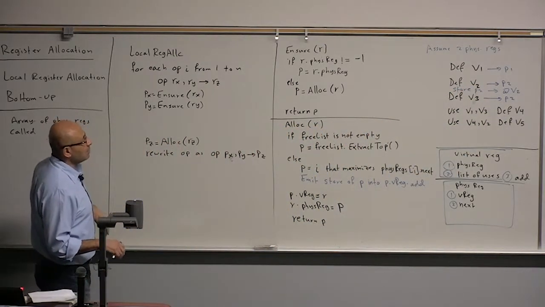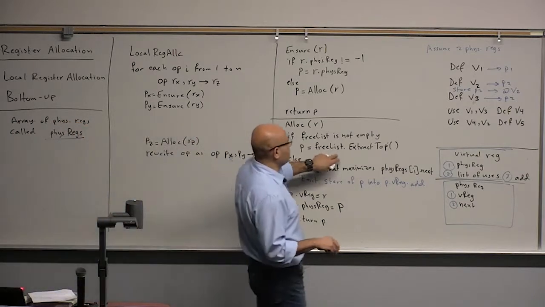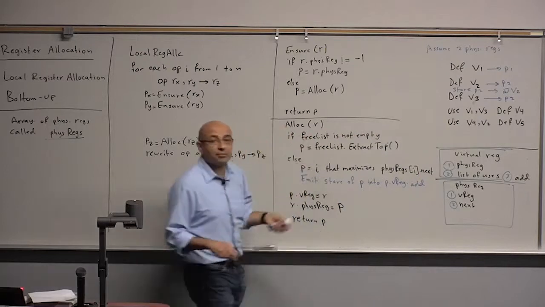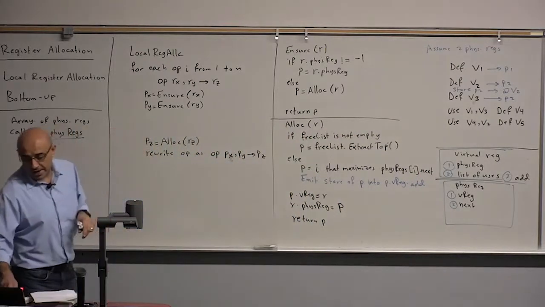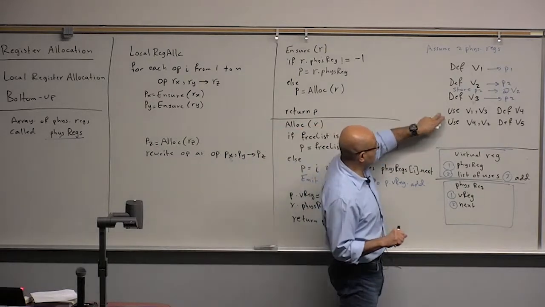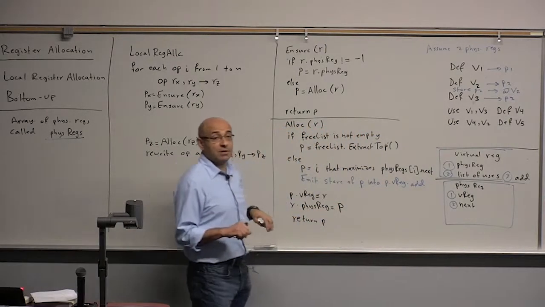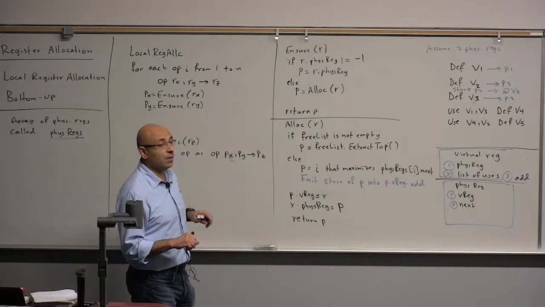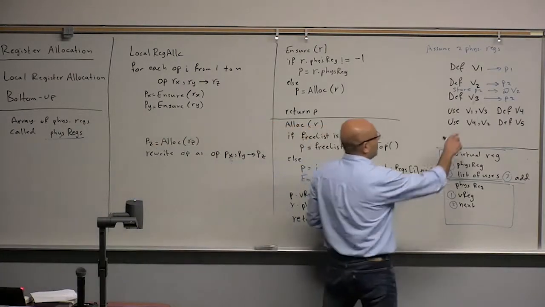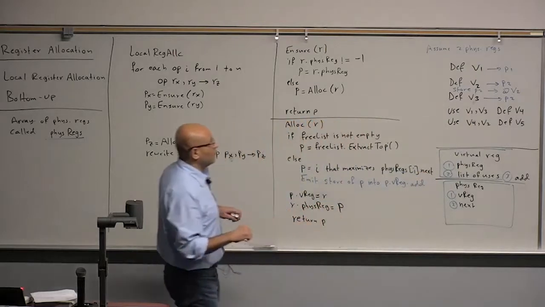So we have to free the one that will not get used later, and in this example that was V3. So where do we need to put the code to free this?